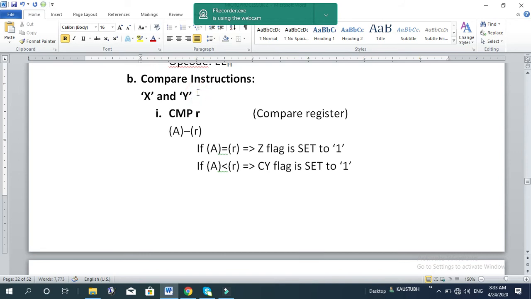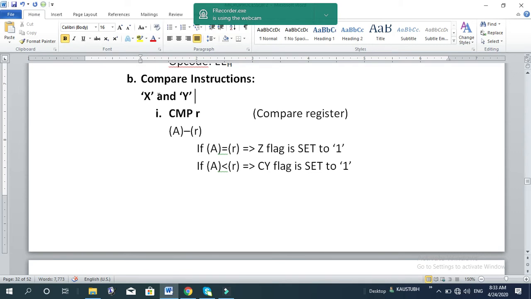Now how do we do comparing generally? What operation do we do for comparing two data logically? We do a subtraction operation for comparing.